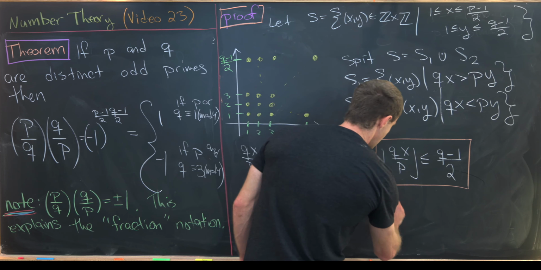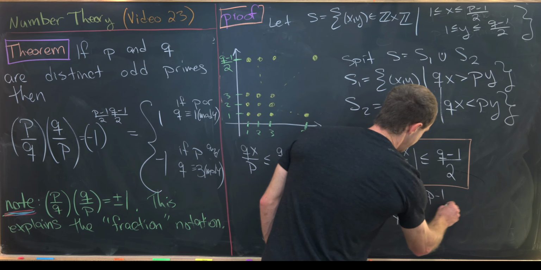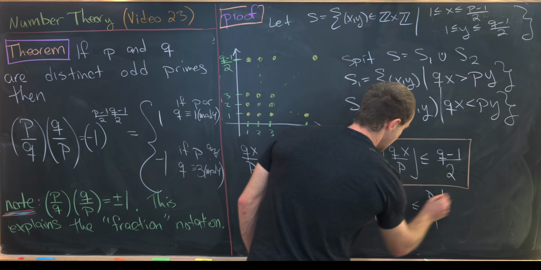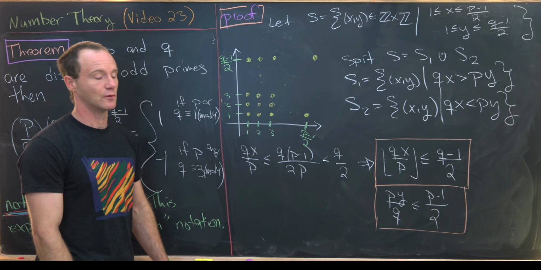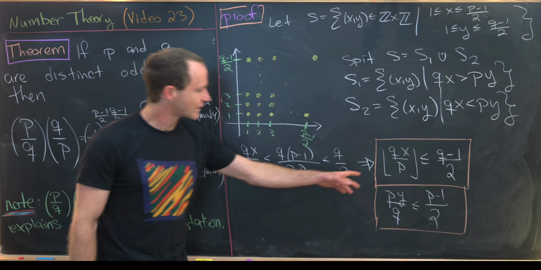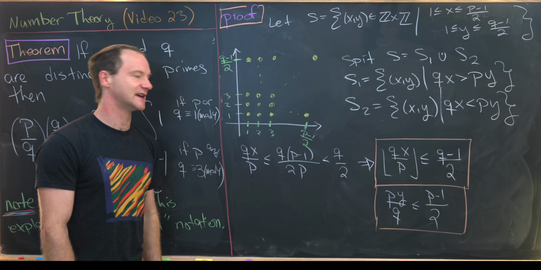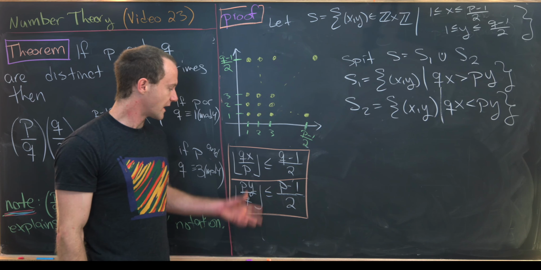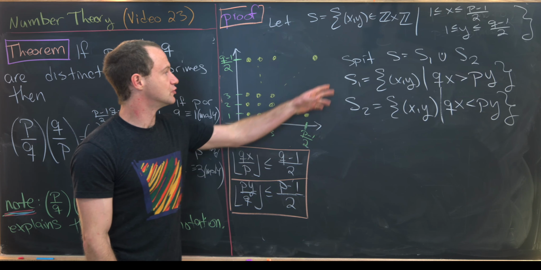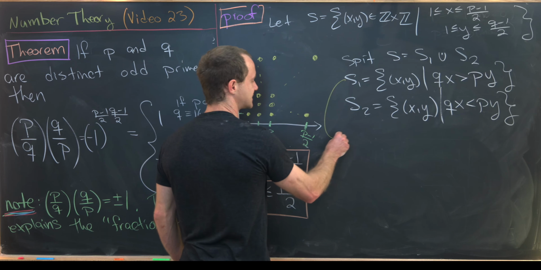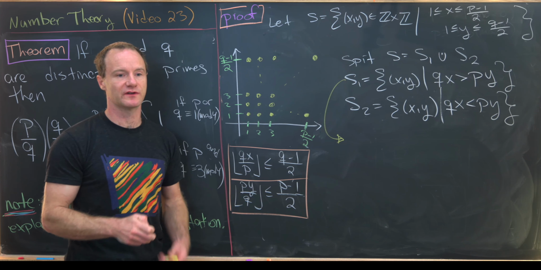So we'll have the floor of py over q is less than or equal to (p minus 1) over 2. And that's from essentially the same argument, where we just replaced p with q. Okay, so let's move these inequalities over here, and then we'll use them to re-describe our sets S1 and S2. So we just produced the following inequalities, which will allow us to rewrite our sets S1 and S2 in a way that's a little more advantageous for using our previous results.